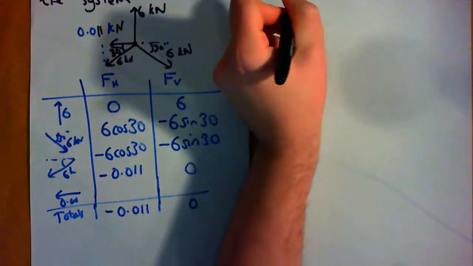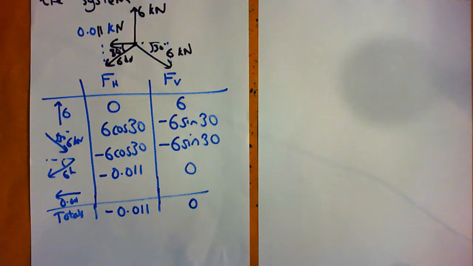So let's do our rough direction. Actually, because the vertical component of the resultant is 0, there's only a non-zero horizontal component. Our rough direction isn't going to be so rough. It's going to be exact because it must be pointing horizontally, which means we won't need to use Pythagoras and we won't need to find the angle here.